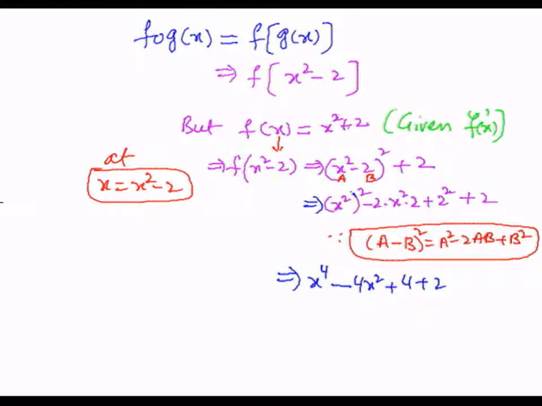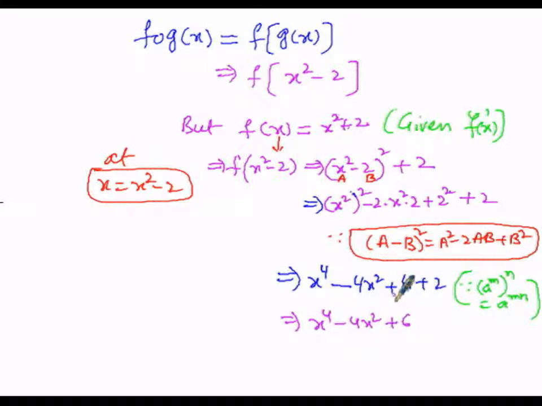Here we have utilized one identity, that is a power m whole power n equals a power m into n, where 2 into 2 is 4. So that implies x power 4 minus 4x square plus 4 plus 2. These two are like terms, plus of plus is plus, we have to add up: 4 plus 2 is 6 with positive.